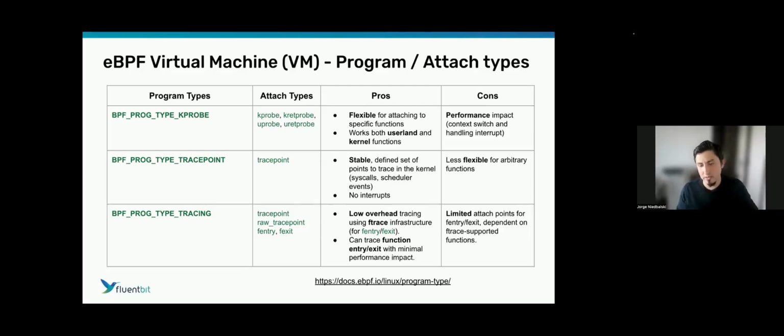You can attach to a function when it's entering, and in that way, when the function gets called, you will get a reference to the context of that function call, namely all the registers that you have in that function call. And also you can do it on return. So whenever that function returns, you can do a trampoline call, get the return values, do something with that, and inspect. And this happens also for the userland code.